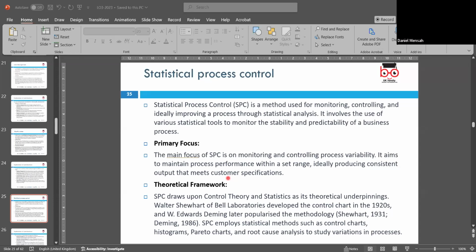These charts help to analyze the process data, and through this data analysis, they can identify trends. If there is too much variation in the trends, it helps figure out issues in your production processes. So this is how you can use statistical tools. Okay. So this approach is grounded in theoretical foundations and root cause analysis.